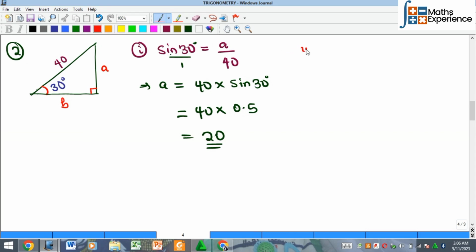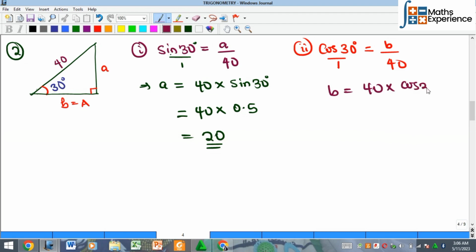And then to get our b, the trig ratio that relates our b, which is the adjacent, and your hypotenuse will be cos. So we have that cos 30 is going to be equal to adjacent, which is b, all over hypotenuse, which is 40. Take this to over 1, and so we are going to have that b will be equal to 40 multiplied by the cos of 30. And what is cos 30?